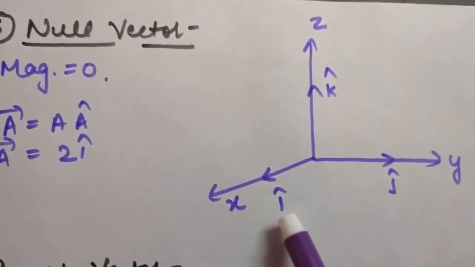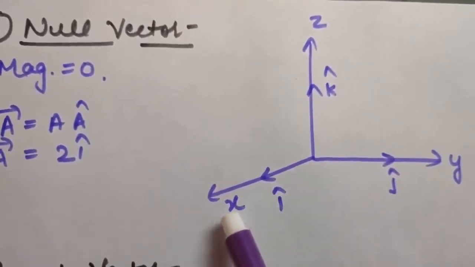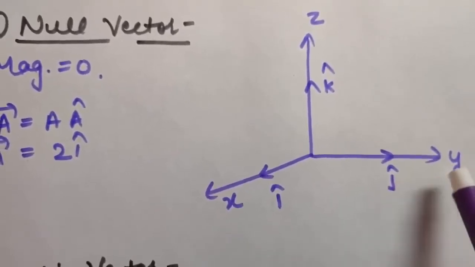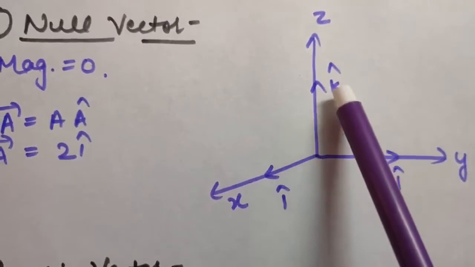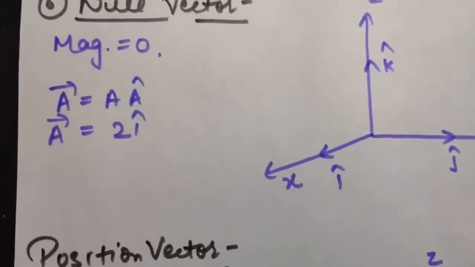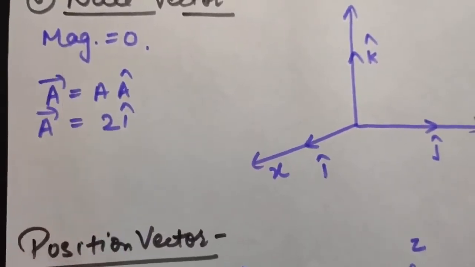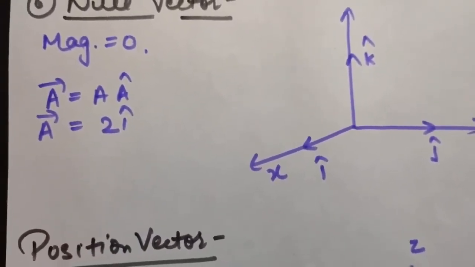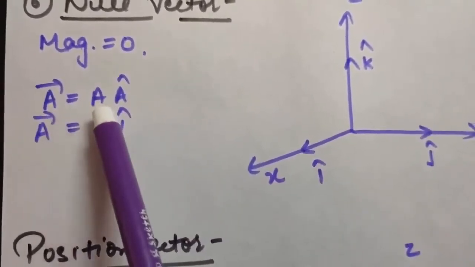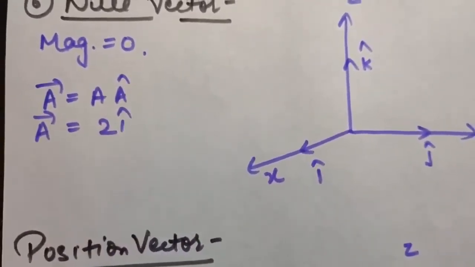That means i cap is the unit vector for the x direction. Similarly, j cap is the unit vector for y and k cap is the unit vector for z. For example, if there is a vector A which has a magnitude of 2 and lies in the x direction, then vector A is A into A cap, as I have explained in unit vector.